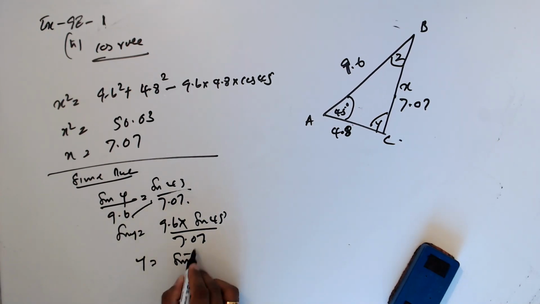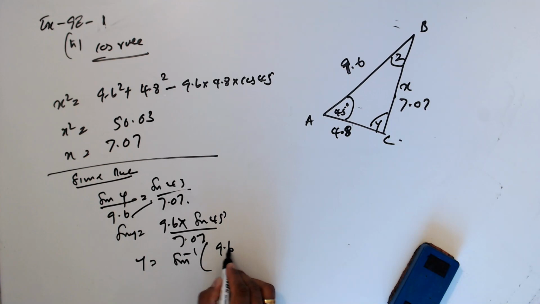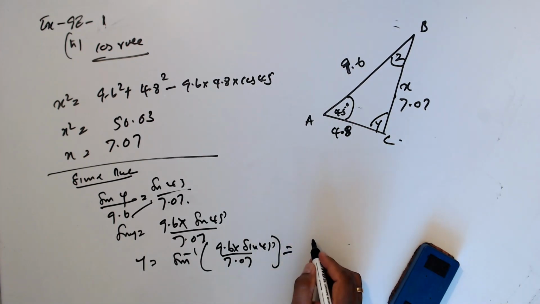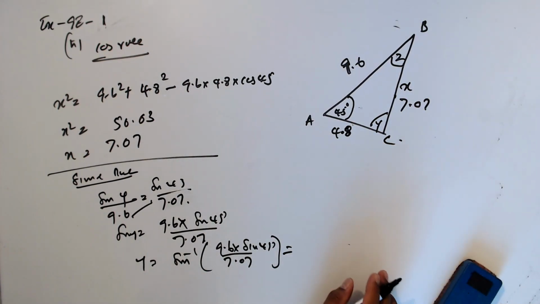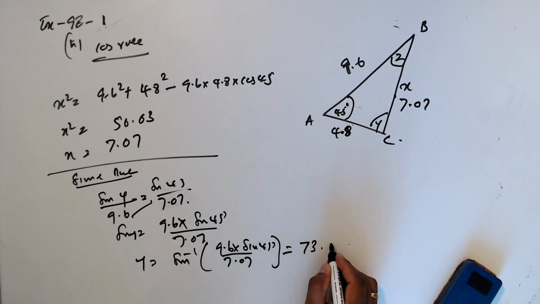Y equals sine inverse of 9.6 sine 45 over 7.07, which equals 73.7.